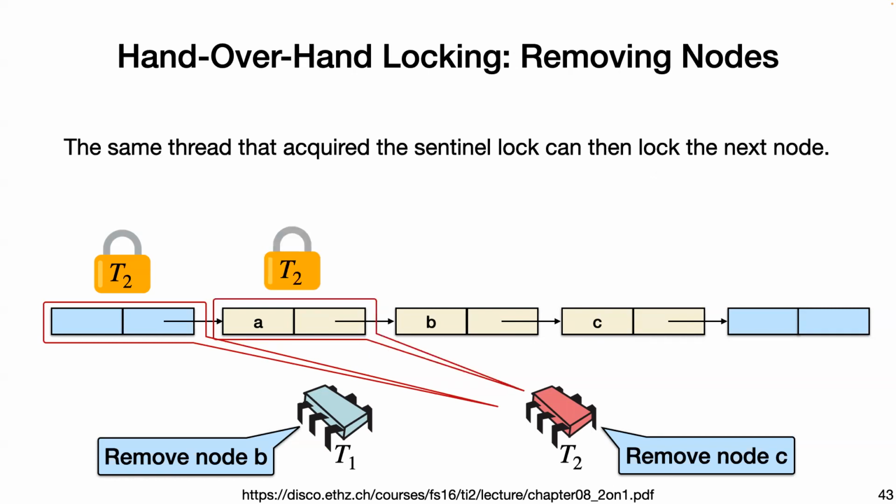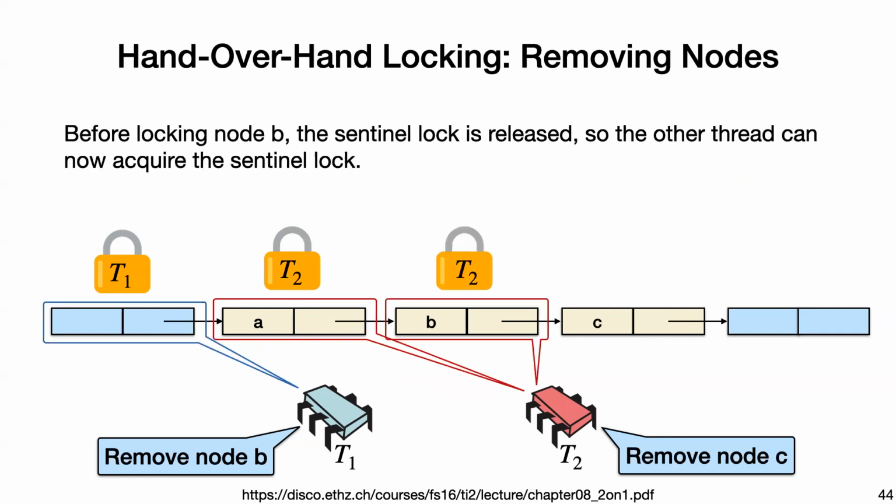Now T2 can grab the next one after the sentinel, so it has these two. And then it can move on. It releases this one and then grabs the next one. So before you lock B, you have to release the sentinel and then try to grab B. And then T1 can now grab the sentinel because it's released.